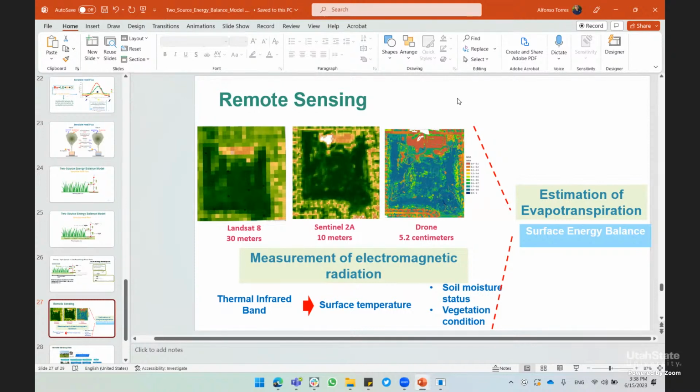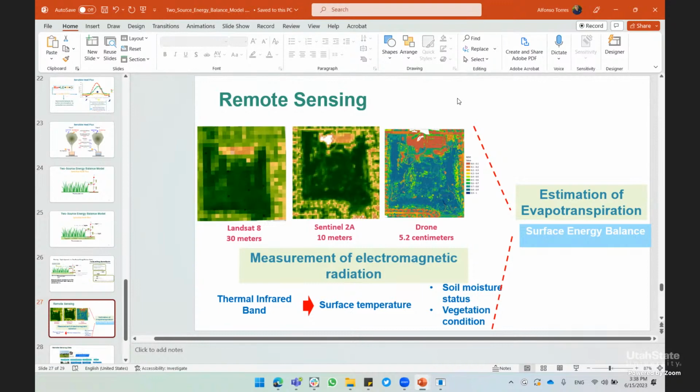So why is this interesting? Why will the separation of latent heat flux into the latent heat flux of the canopy and the soil be interesting? Because of this: this value is transpiration, and this value is evaporation.